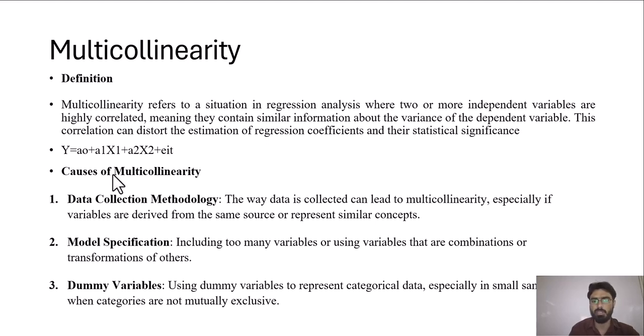Now we come to the causes of multicollinearity. The first cause is the data collection methodology, the way you are collecting the data, which may cause multicollinearity. The way data is collected can lead to multicollinearity, especially if variables are derived from the same source or represent a similar concept.